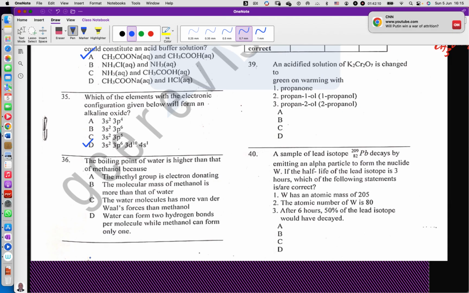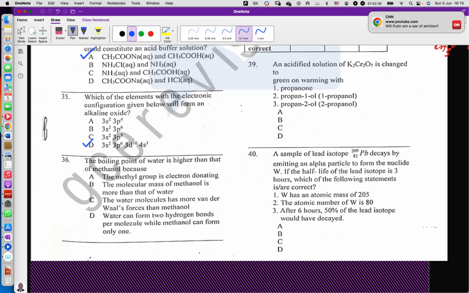The boiling point of water is higher than that of methanol because A, the methyl group is electron donating. No. B, the molecular mass of methanol is more than that of water. No. C, the water molecule has more van der Waals forces than methanol.